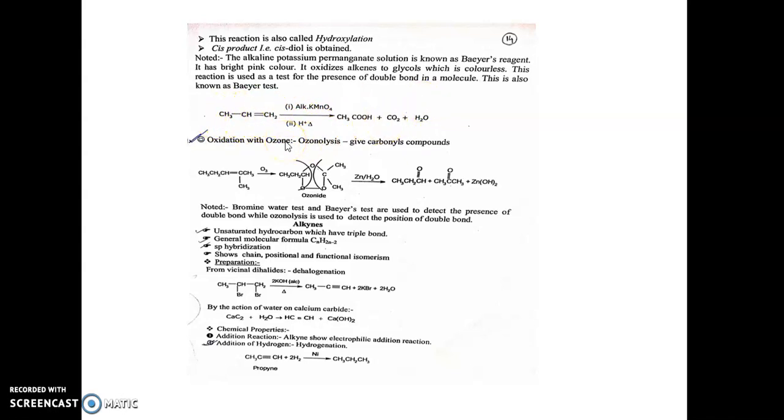Okay, now the next reaction is the ozonolysis reaction. Here you can see this is an alkene and it is reacting with ozone. In the first step, the O3 molecule will be connected with this compound CH3CH2CH=CHCH3 in this way, where an oxygen atom is attached to these two carbon atoms and two oxygen atoms here.